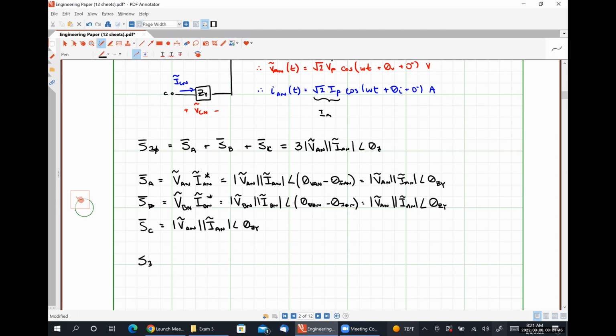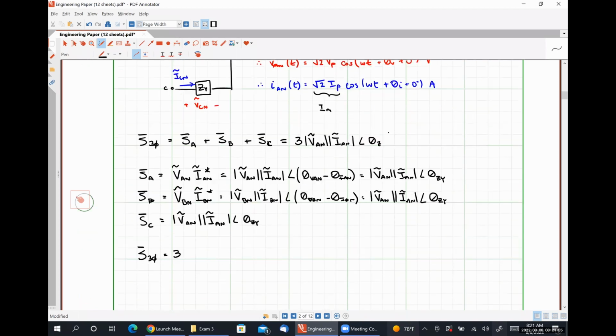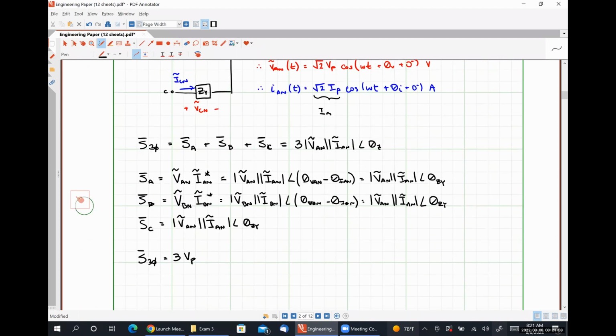So our three-phase power is 3 times the magnitude of VAN, which in this case is simply our phase voltage, times the magnitude of IAN, which is simply our phase current. And then we have our angle theta Z. Okay, so this is our three-phase power expressed in terms of our phase quantities, right?